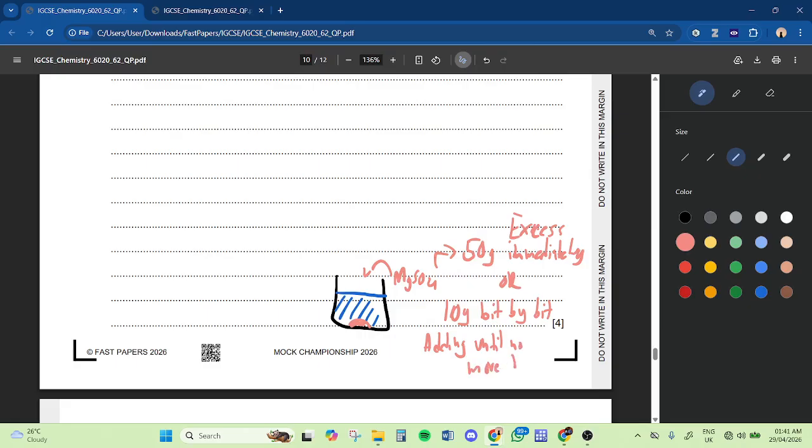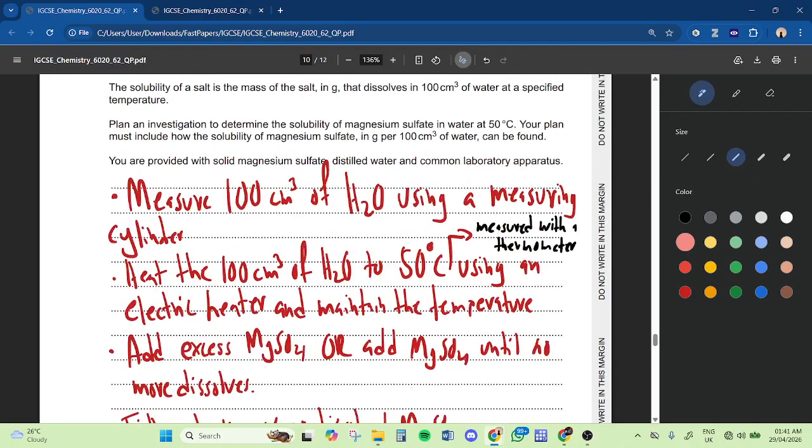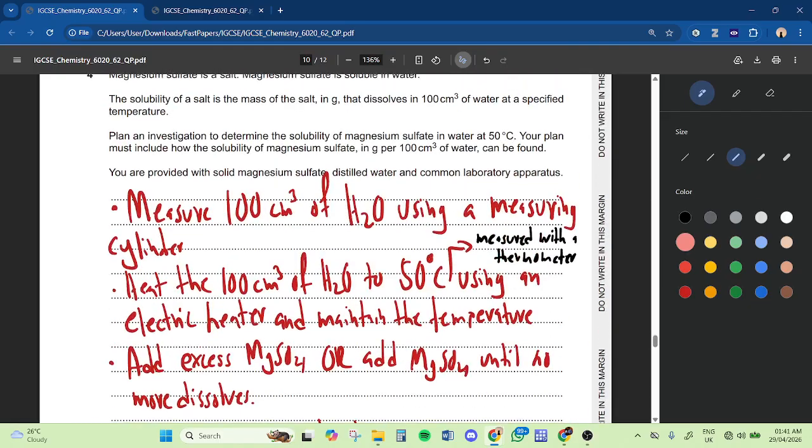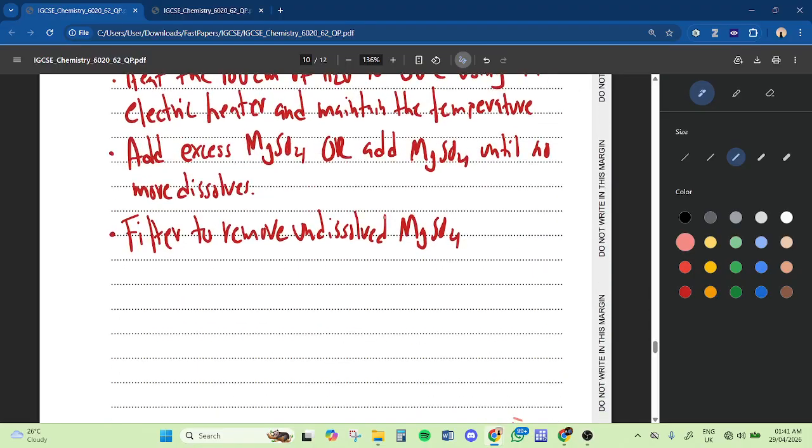So why is this helpful? Because you want to see how much the water will continue to dissolve magnesium sulfate. But eventually the water reaches a point where it can't dissolve any more magnesium sulfate, and that is known as the solubility of the water. So once you filter to remove the undissolved magnesium sulfate, you're going to be left with residue.